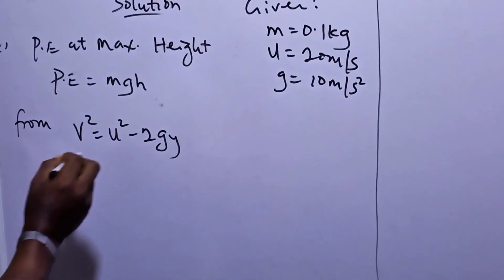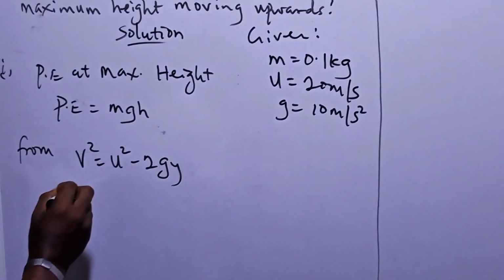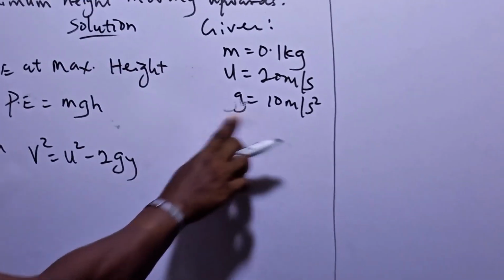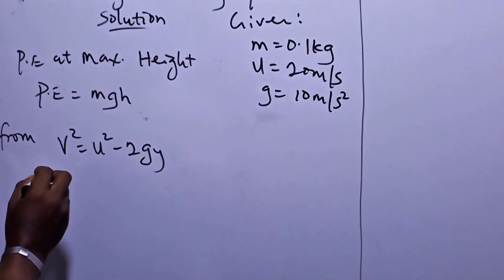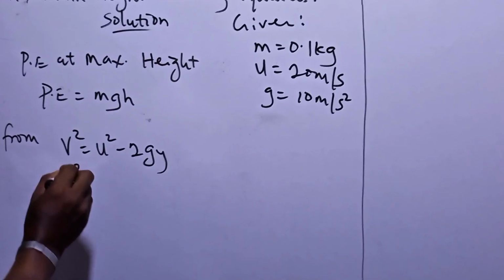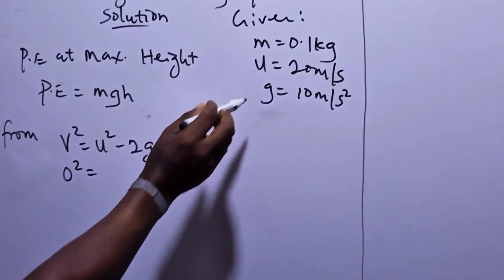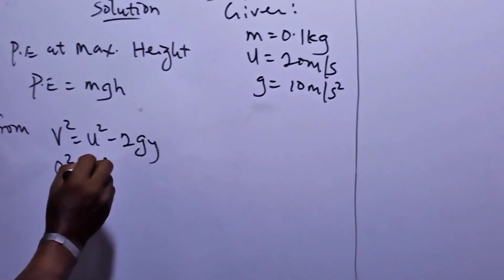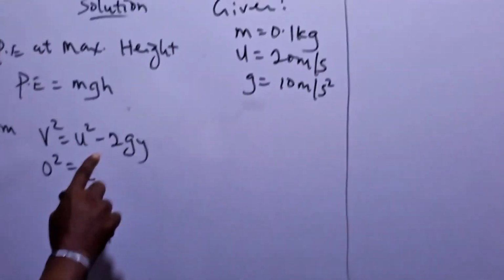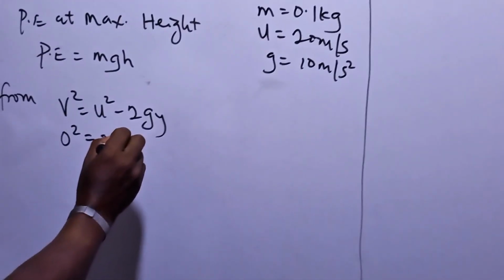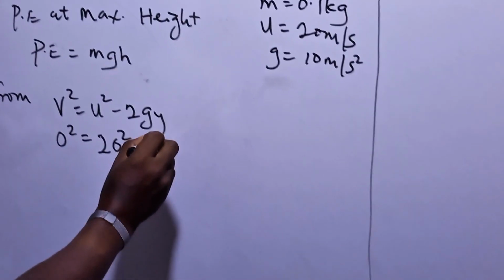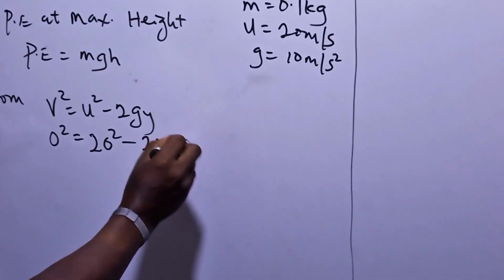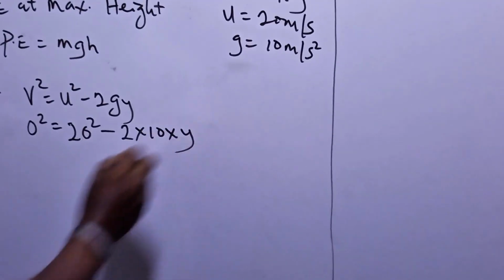Substituting values, the v here is not given, so assume it to be 0. 0 squared equals initial velocity u, which is 20 squared, minus 2 times acceleration due to gravity, which is 10, multiplied by y.